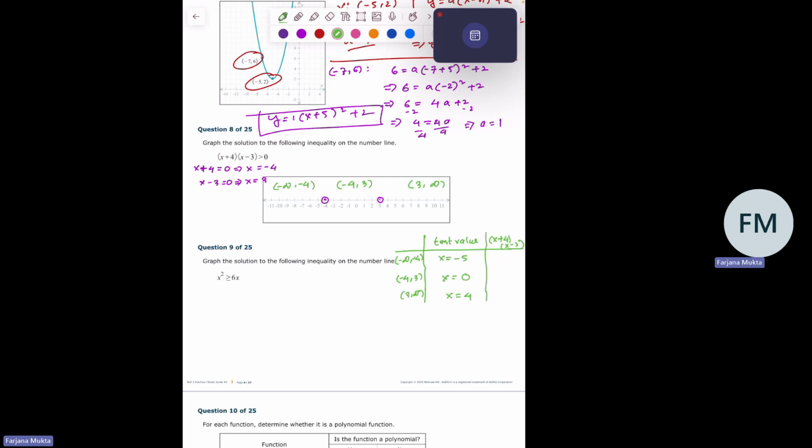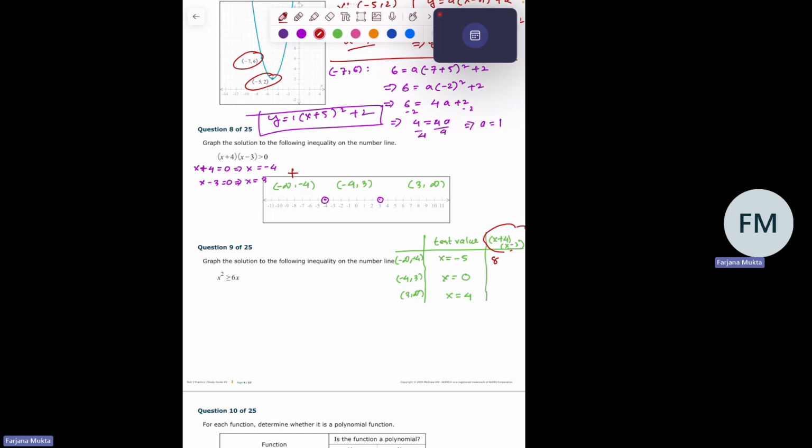If we substitute x equal -5 here, so -5 plus 4 is -1, -5 minus 3 is -8, and so -1 times -8 is +8. So the main point is we get positive for the first subinterval.